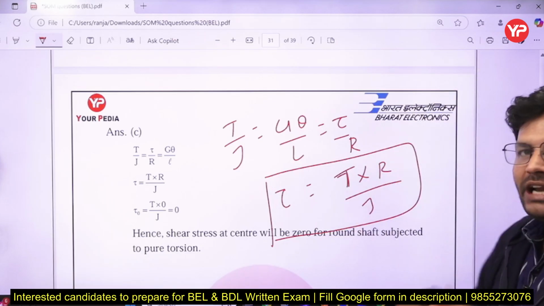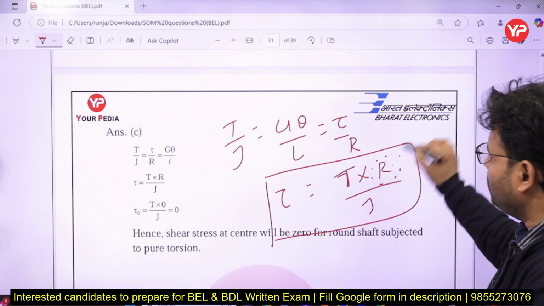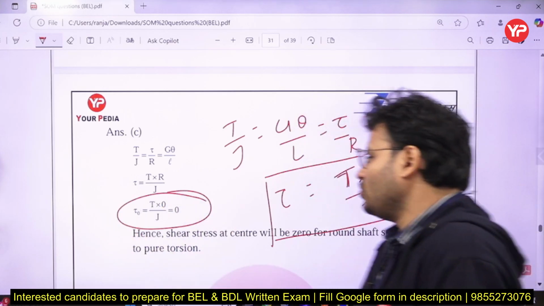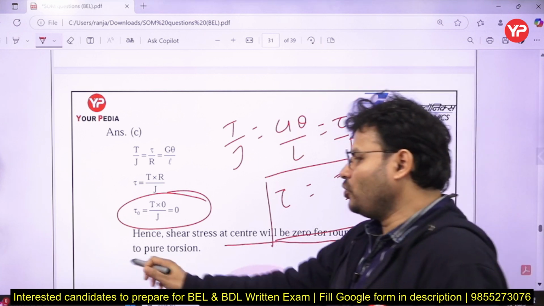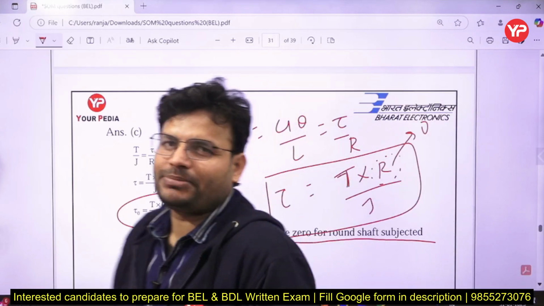Now at the center, what will be the radius? Obviously it will be 0. So what will be the shear stress? It will be 0. So the shear stress at the center will be 0 for a round shaft subjected to pure torsion. This is one of the very universal results that you have to keep in mind.